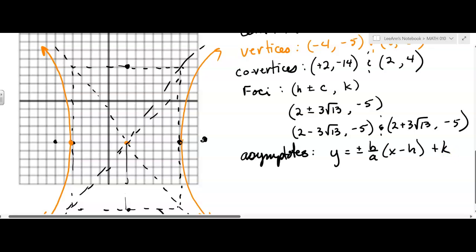And ours is going to be, we know all of the things, right? So I'll use the plus or minus. What was my b? I think it was 9. And my a was 6. My h was 2. And my k was minus 5. So I need to just reduce that fraction.